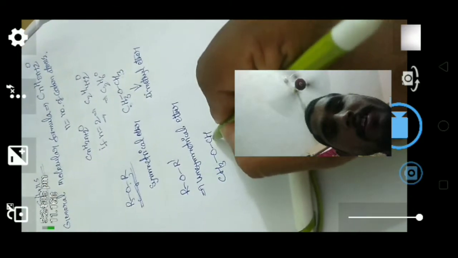For example, CH3OC2H5 is an unsymmetrical ether, ethyl methyl ether. This is an example for the unsymmetrical ether.